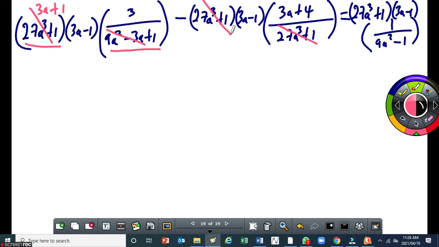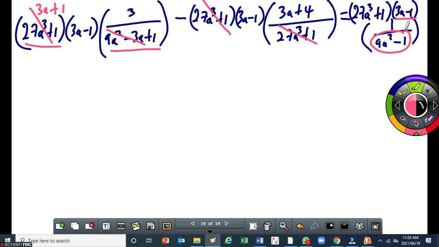I just want you to be aware that this question is a higher order question, so there's a lot that you have to be aware of. Those two cancel out. Then on the right hand side, we know that this 3a minus 1 is a factor of that 9a squared minus 1.